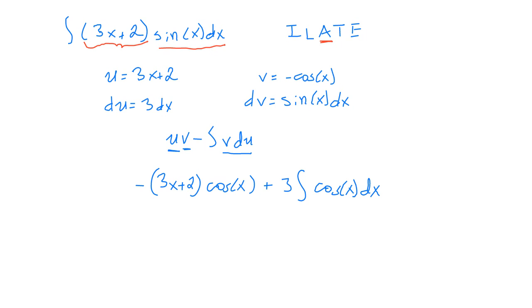All right, so what's the integral of cosine? Yeah, positive sine. So we have 3 sine x, and then the rest of it. What is the only thing that I'm missing? Yep, that's right, plus C. Very good, y'all. Thanks.